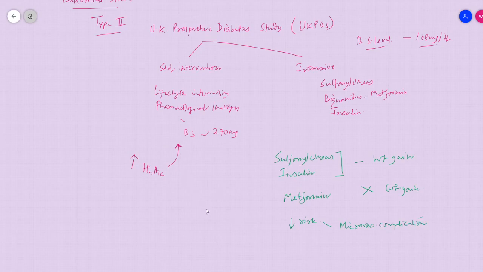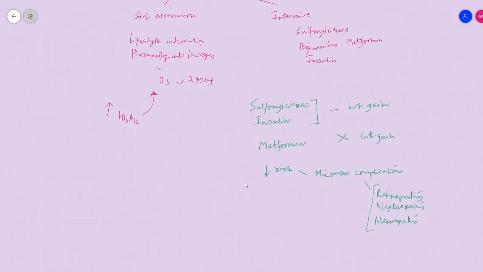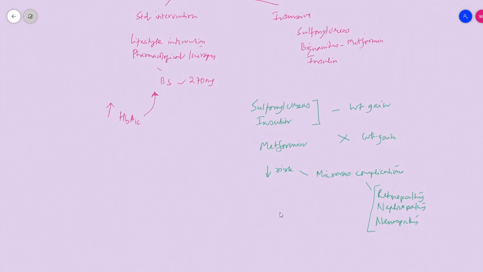What were the microvascular complications that we studied? Yes, retinopathy, nephropathy, and neuropathy. What about the macrovascular complications? Well, there was no statistical difference. But for the microvascular complications, definitely the risk was reduced.